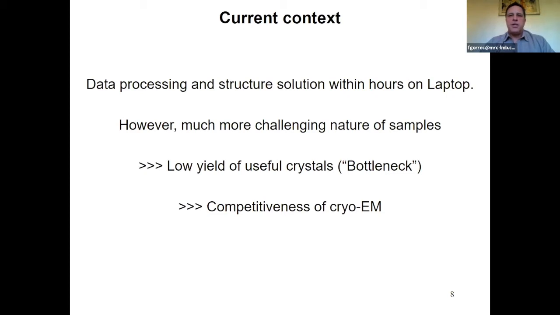So now crystallization is really the main bottleneck, even more than ever. So we have a low yield of novel useful crystals for sure. And also in the background now, there's the competitiveness of cryo-EM, which is very attractive, obviously, to solve very large protein complexes.